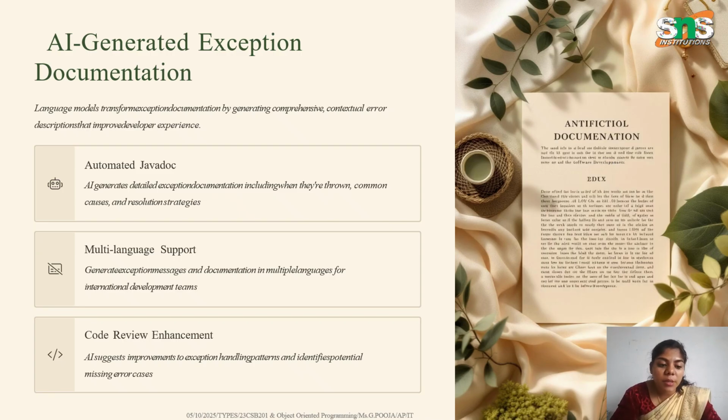AI can help generate meaningful exception names, detailed contextual messages, and even assist in exception chaining, preserving the original error context for better debugging. It can also automatically generate documentation describing when exceptions occur and how to fix them, saving developers hours of manual effort.